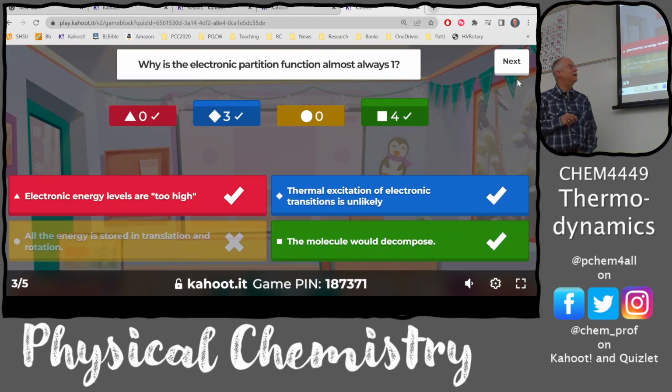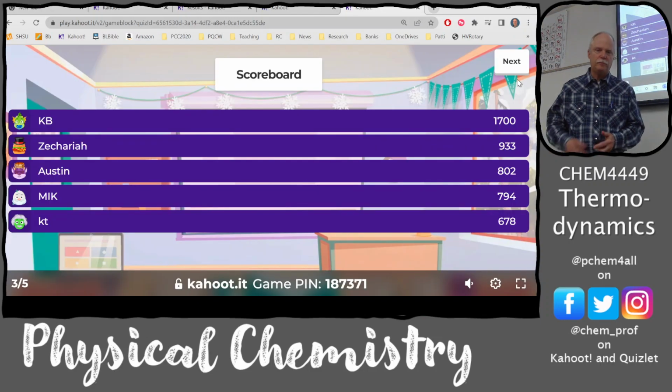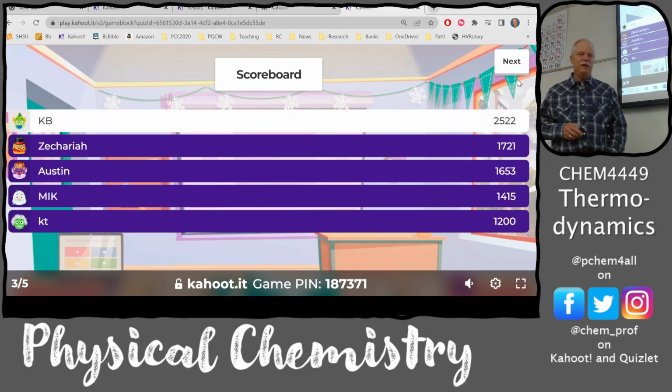Yeah, so there's 3 right answers. Not all the energy is stored in translation and rotation. Some of the energy is stored in vibration, but these 3 are definite. The electronic energy levels are too high, the thermal excitation is unlikely, and the molecule would decompose. And so any one of those would be a decent answer for that.